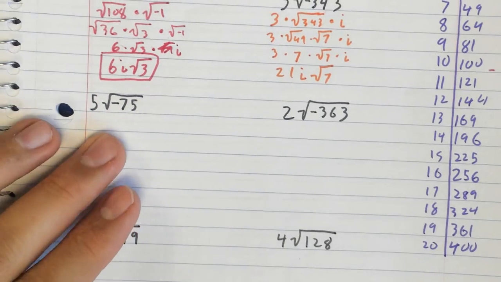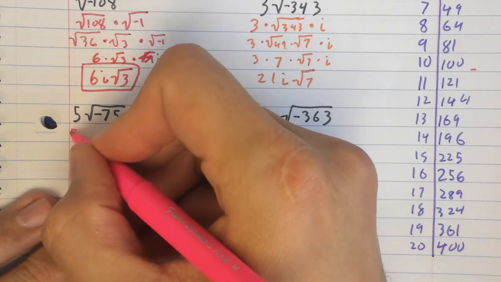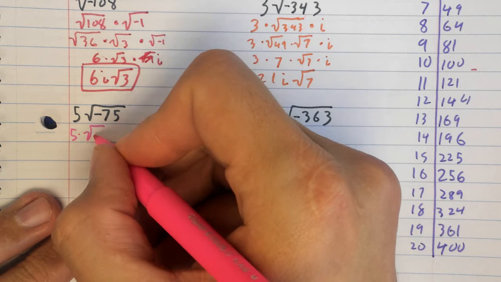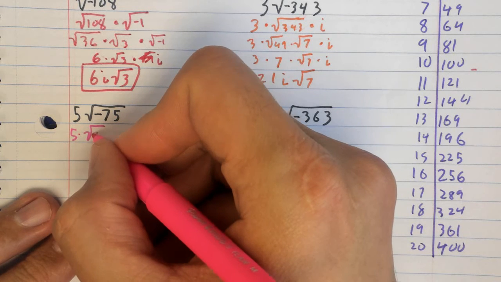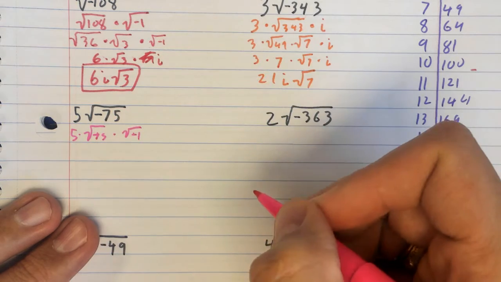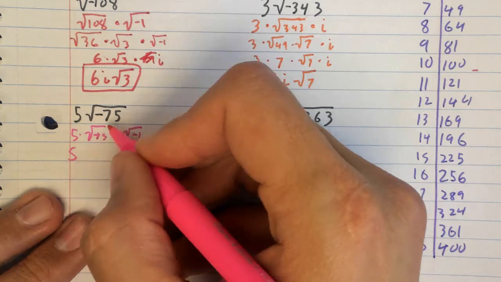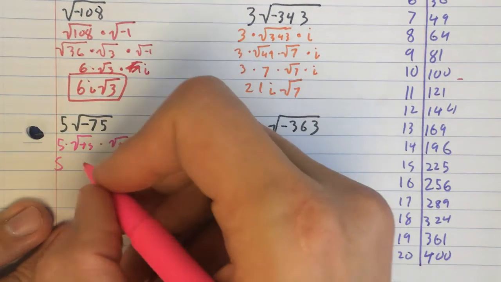Let's look at this negative square root of 75. 5 times the square root of negative 75. 5 times the square root of 75 times the square root of negative 1. Square root of 75, 25 goes into there.